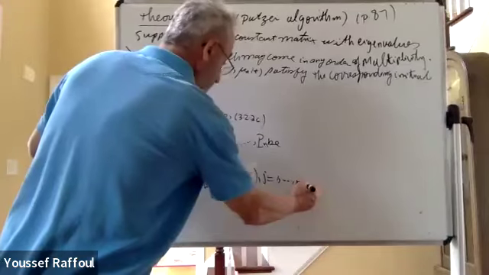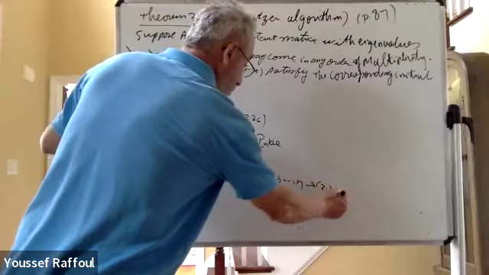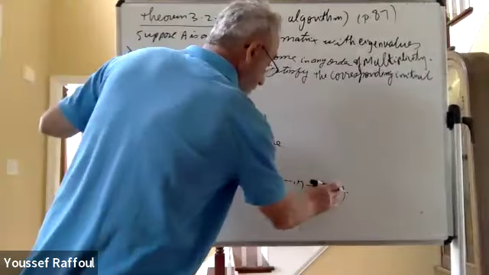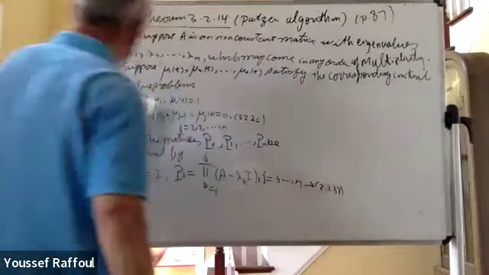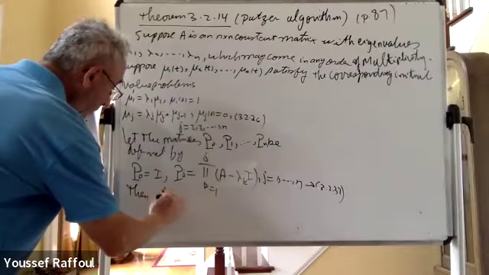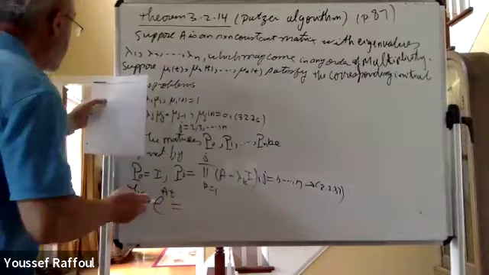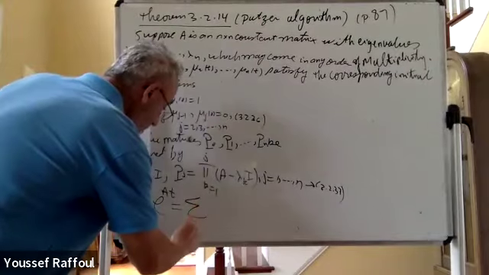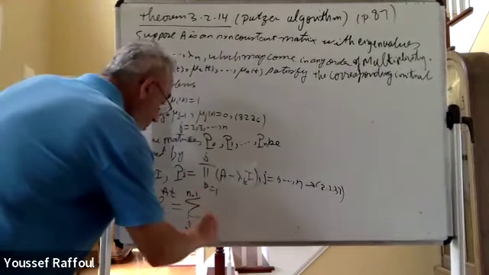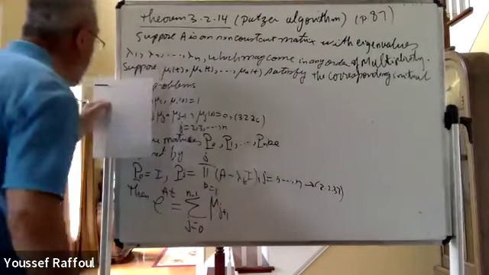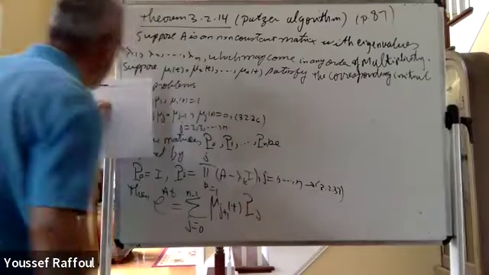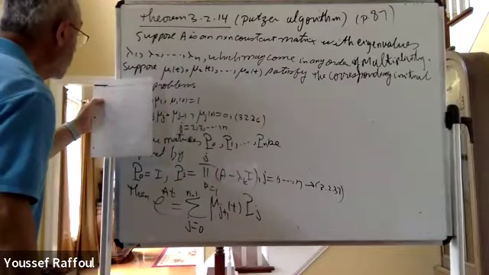This is 3.2.37. Then e to the At is the sum, j equals 0 to n minus 1, of mu j plus 1 of t times Pj.